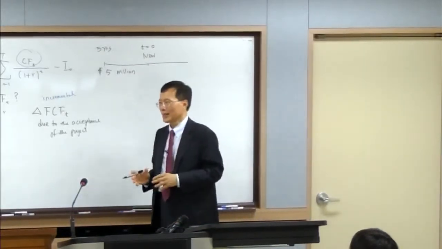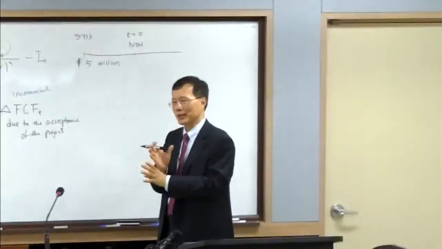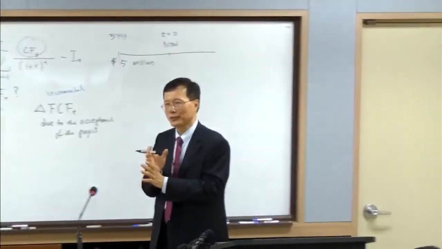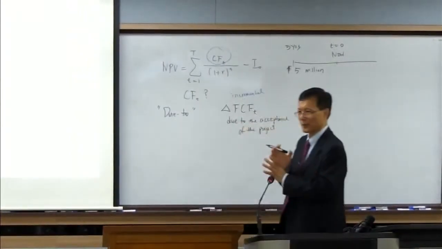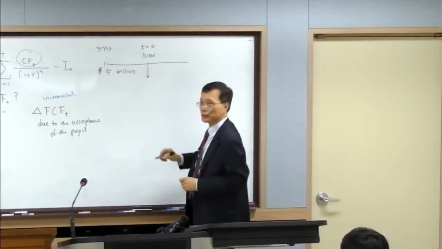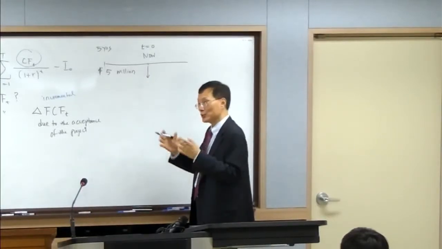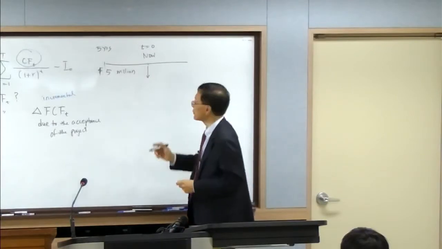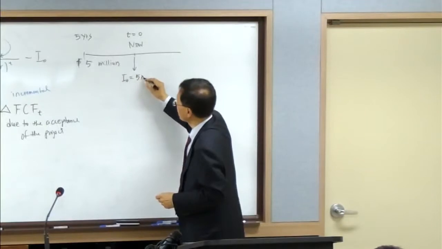Finally, it has succeeded in coming up with a commercially marketable drug, medicine. And in order to produce it, it requires a new plant and new equipment, a new machine, and so on. So the initial investment is $5 million.